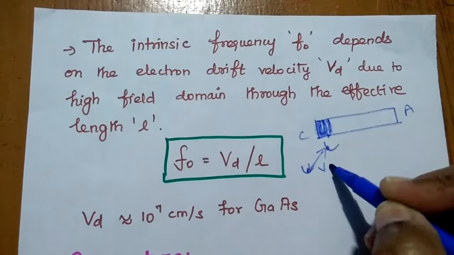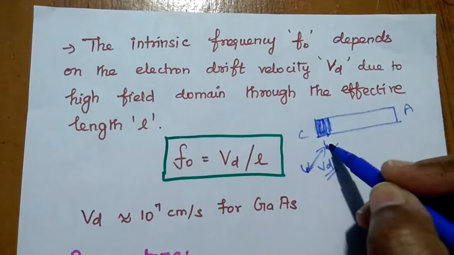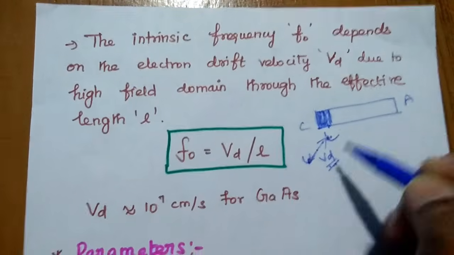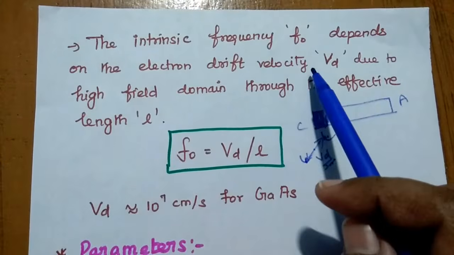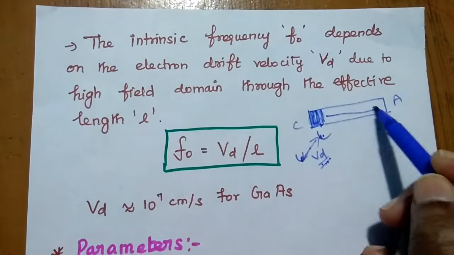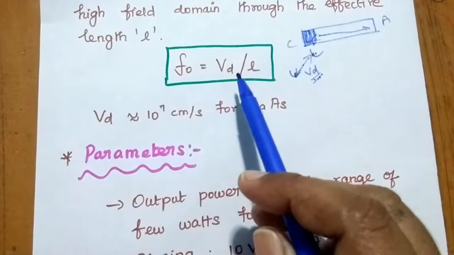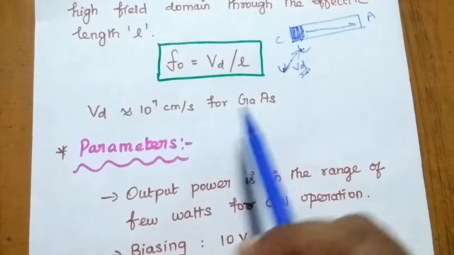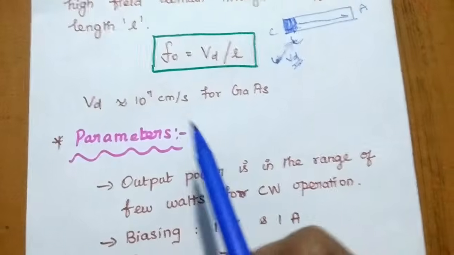For moving from the low energy level to the high energy level, the electrons require some velocity, that is drift velocity. So the intrinsic frequency depends on the drift velocity due to the high field domain through the effective length, that is this length. Here we can obtain that F0 is equal to Vd by L, where Vd is the drift velocity. For gallium arsenide, this drift velocity is about 10 power 7 centimeter per second.